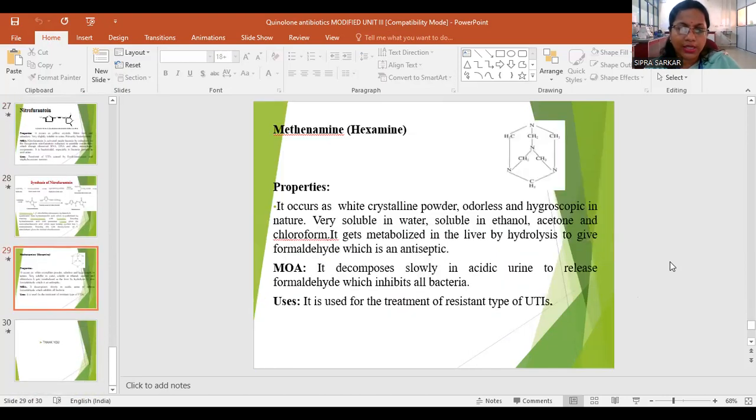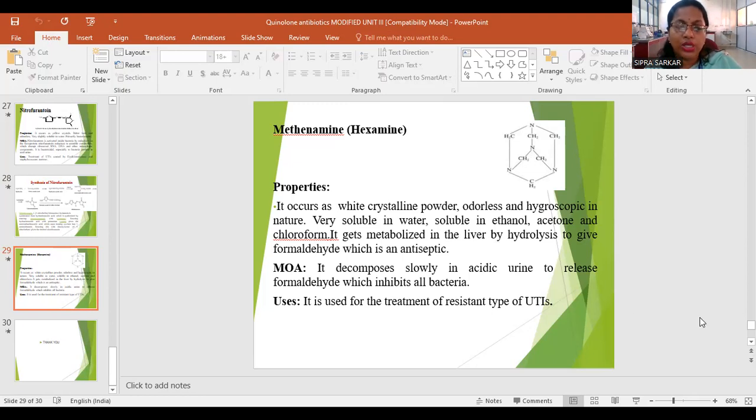Methenamine, or hexamine, is one of the drugs synthesized in our lab also. The hexa group is there and an amine is present, that's why hexamine. It occurs as a white crystalline powder, very soluble in water. It gets metabolized in the liver by hydrolysis to formaldehyde, which is an antiseptic.